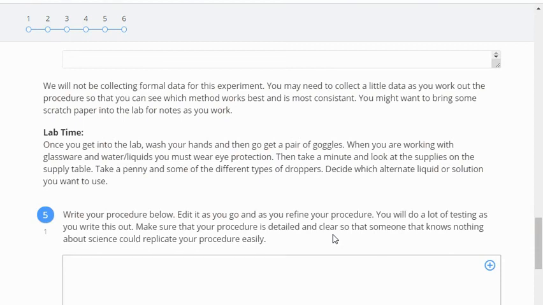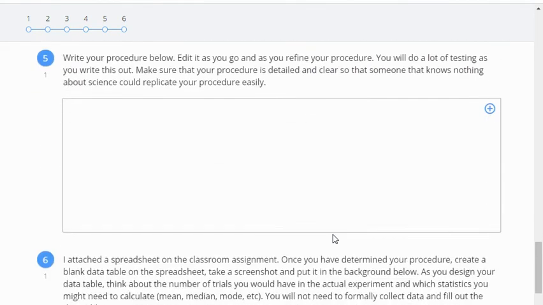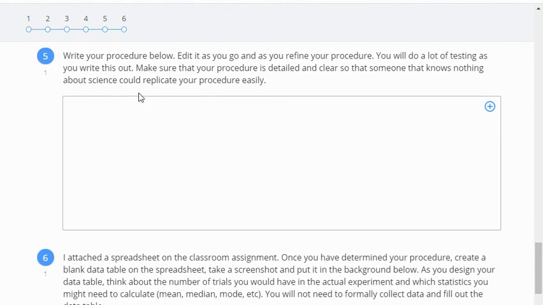Then once you're settled in, take a minute, look at the supplies on the supply table. So start thinking about what you want to do, grab different types of droppers, figure out what solution you want to make or what liquid you want to use. Then I've given you a box here to write your procedure in. I would think of it as something that you are editing as you go.